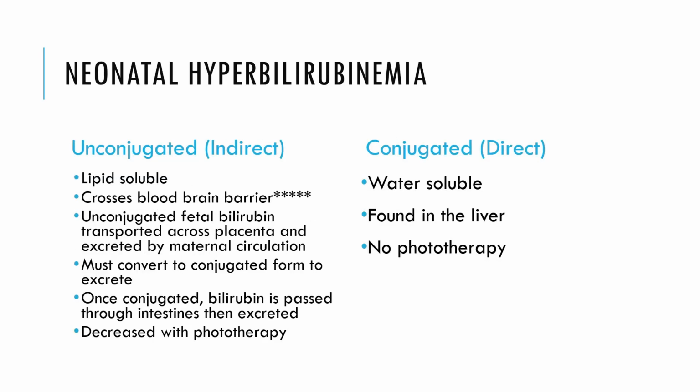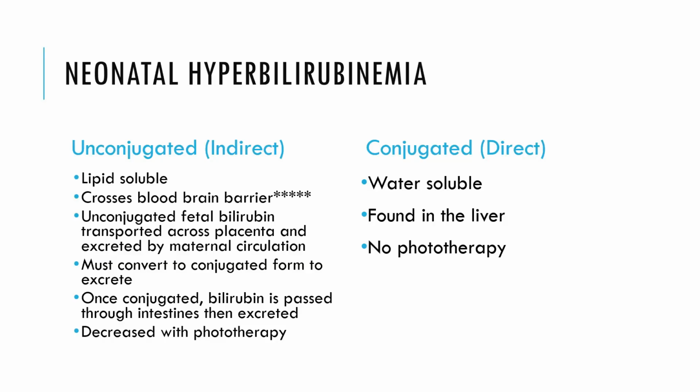We'll focus a little bit more on the two most commonly referred to types of bilirubin: unconjugated or indirect bilirubin, and conjugated or direct bilirubin. Those terms can be used interchangeably, and in literature we'll use them interchangeably.